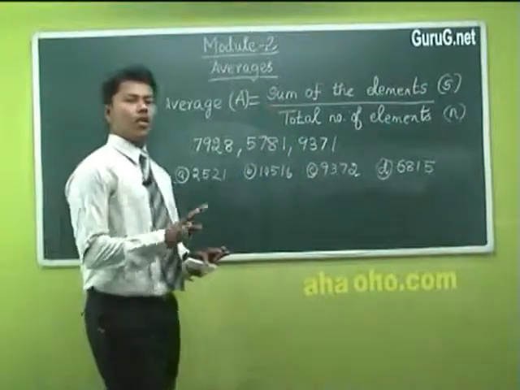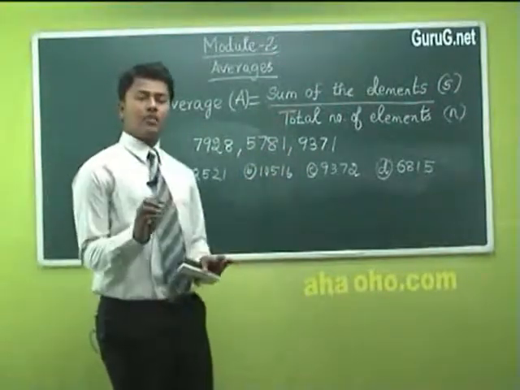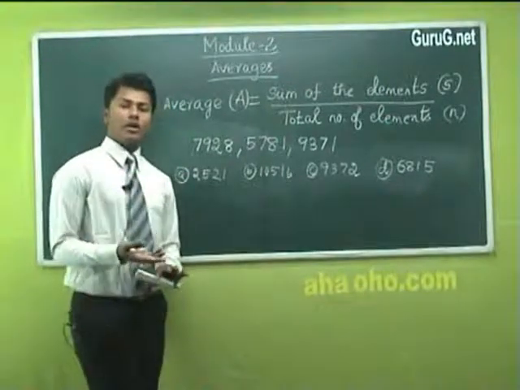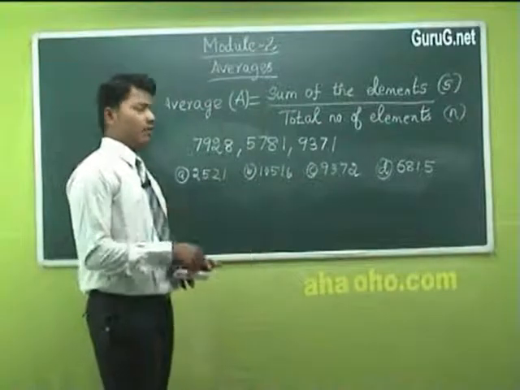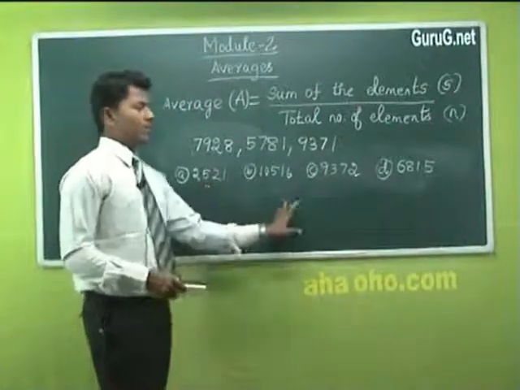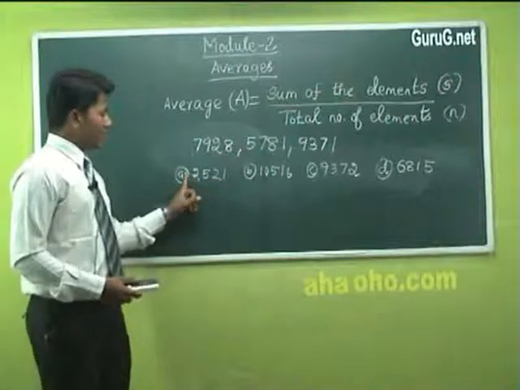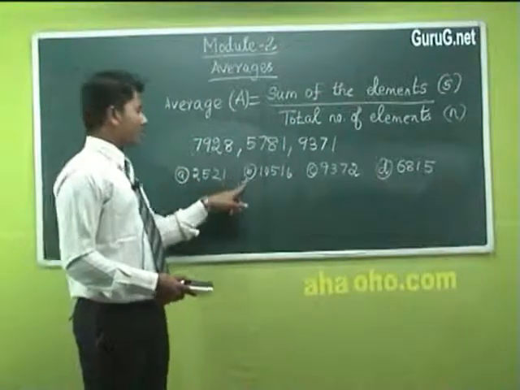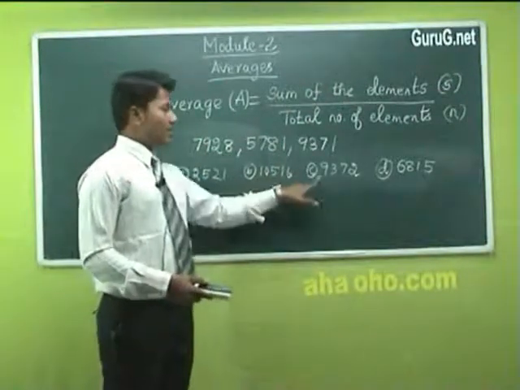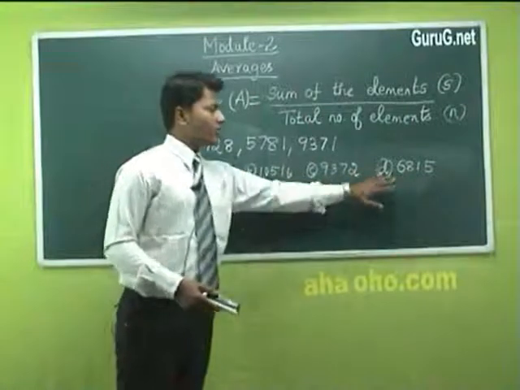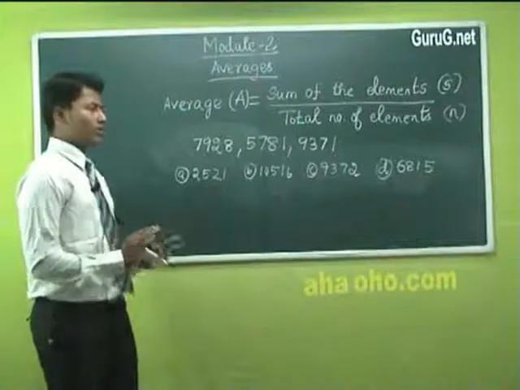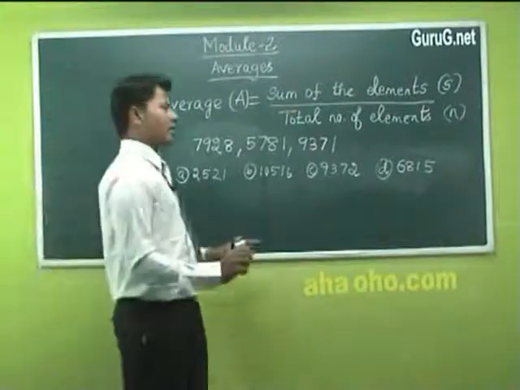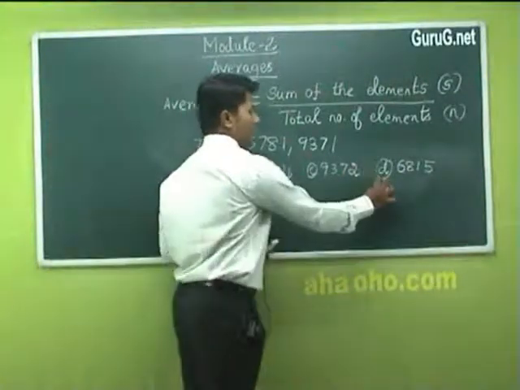But before getting on to that approach, it would be helpful to observe these values. The first one is 2521, the second one is 10,516, the third one is 9372, and the fourth one is 6815. It is obvious, without going for any mathematical approach, that the answer choice must be D.